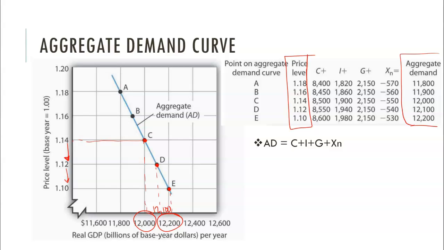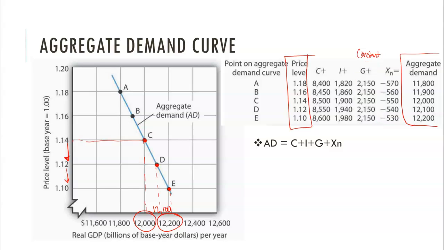We can split aggregate demand up into each individual component. So we've got consumption, investment, government spending, and net exports. And so you just take these values and then you add them all up, and then get aggregate demand. In this model, our government spending is going to be constant because it's not going to be affected at all by the price level.